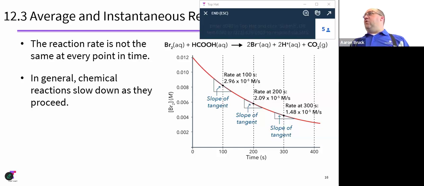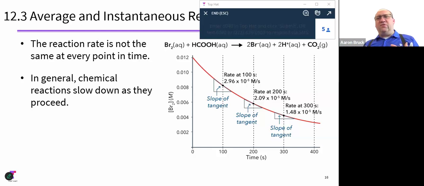Instantaneous rates do give us a little bit better information because they give us more of an exact bullet point. But again, we're still going to run into the problem of, well, when do we actually view that instantaneous rate?